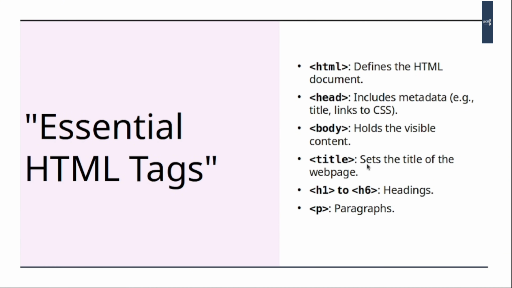The title sets the title of the web page, and one of the essential tags in HTML is headings. Headings range from H1 to H6. H1 is the biggest and H6 is the lowest one.